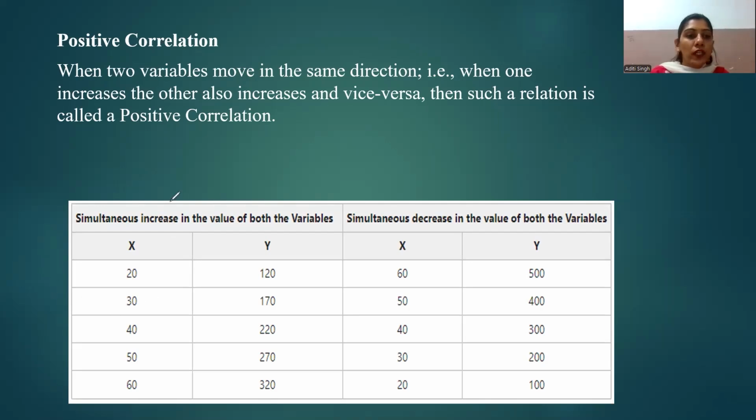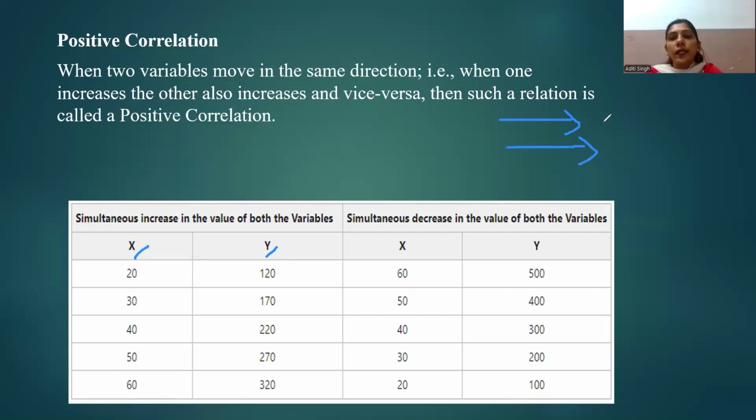When there are two variables, x and y, and they are moving in the same direction, if x is moving like this, y is also moving like this. In this case, the correlation is said to be positive correlation.